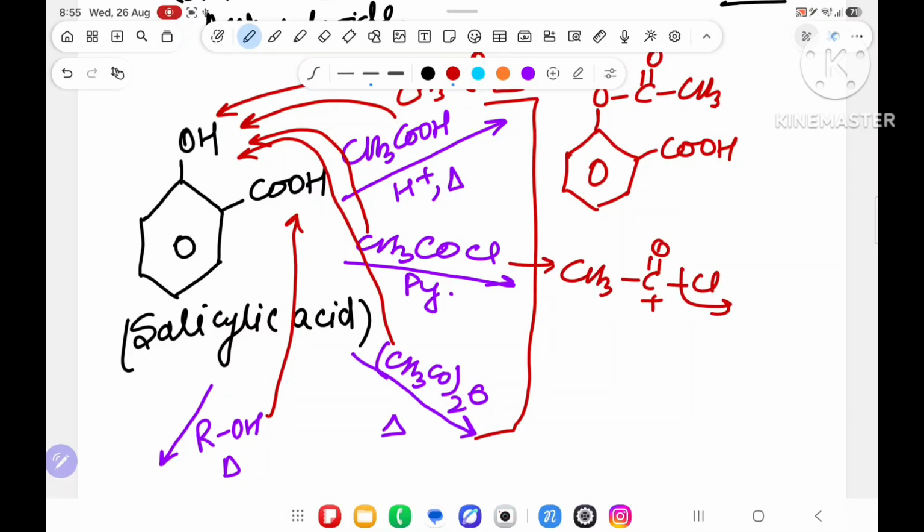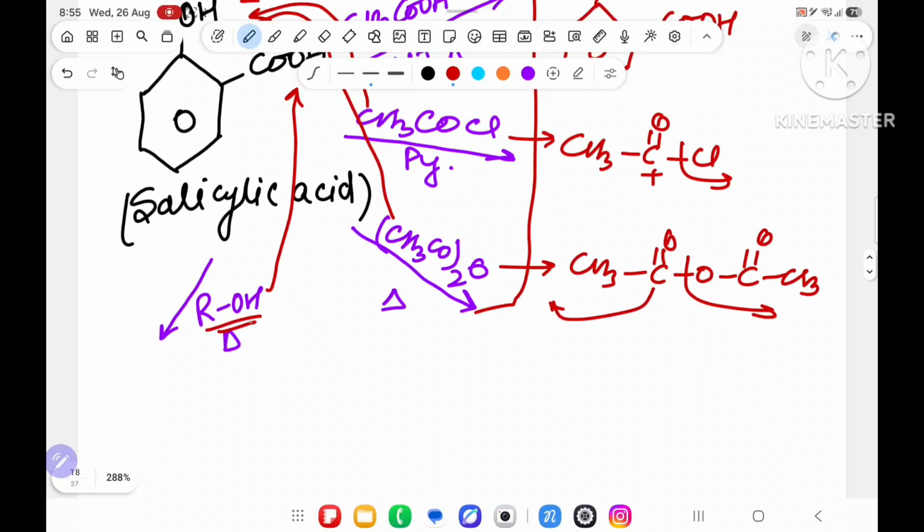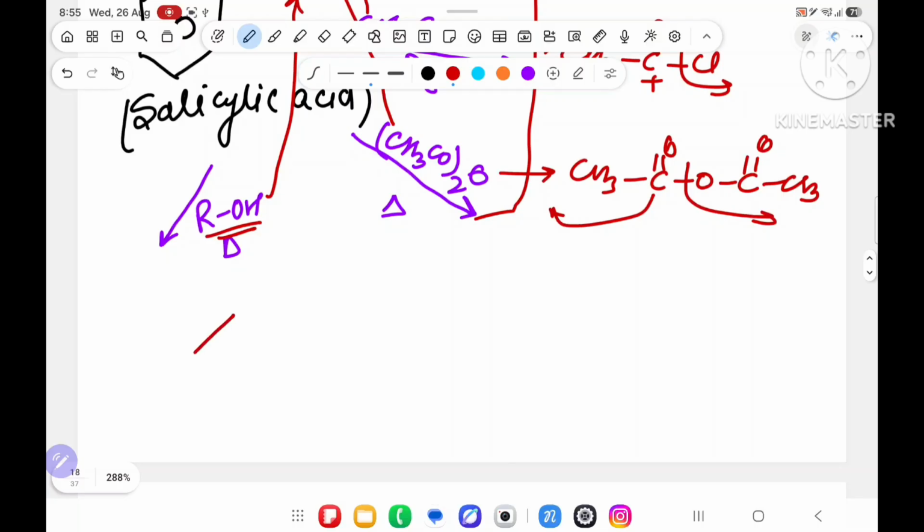Cl will go, it will do esterification. Over here CH3 C double bond O C double bond O CH3 will go, and this will do esterification with alcohol. But this is already alcohol, so it will do esterification with acid. So OH will not be touched. Alcohol does not react, so it will get what? C double bond O.